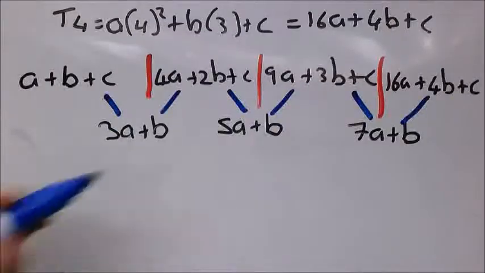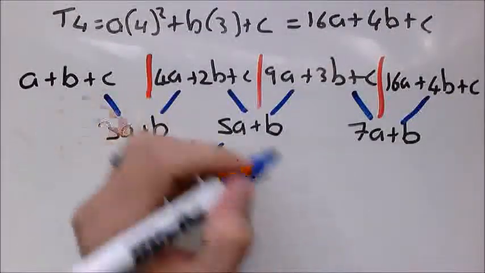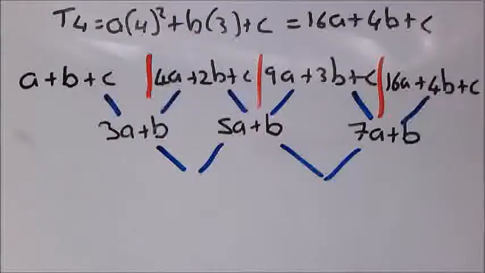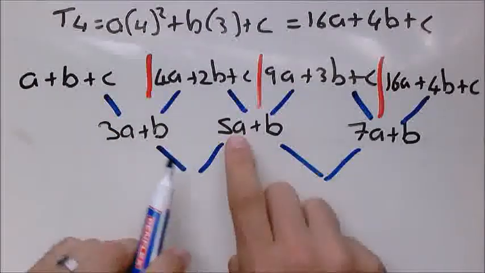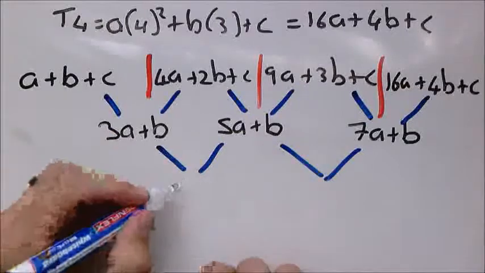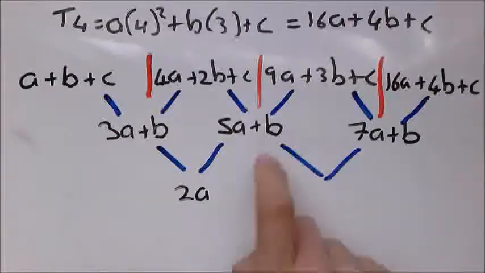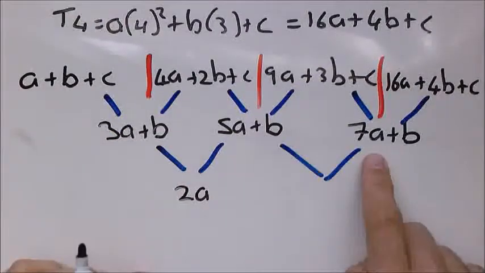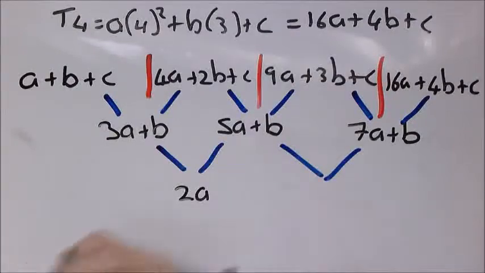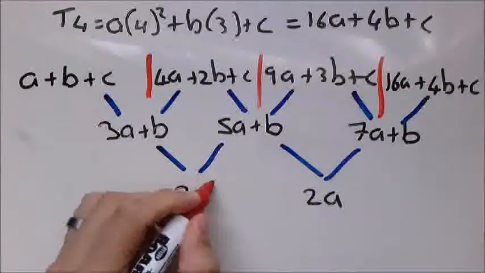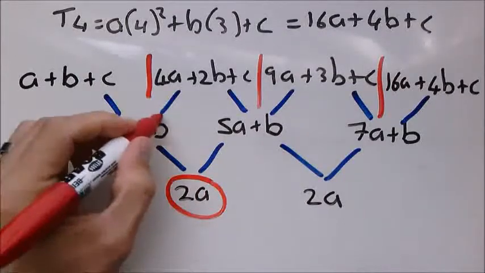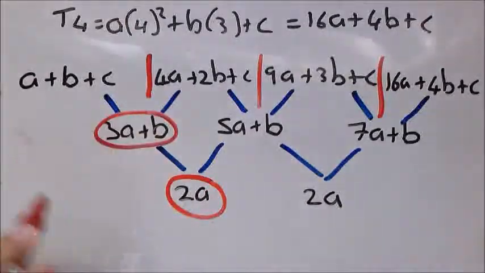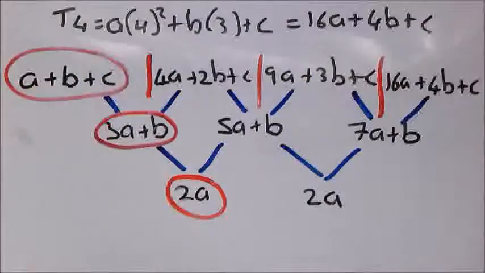Now we want to get to our second differences. 5a minus 3a, 2a. b minus b, 0. 7a minus 5a, 2a. b minus b, 0. And all of this is just to take you to 3 different equations.